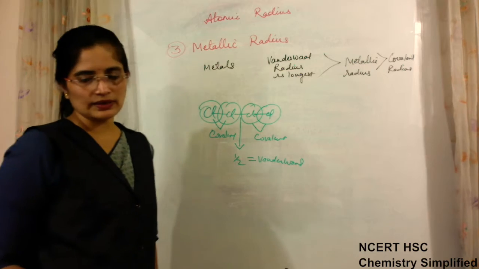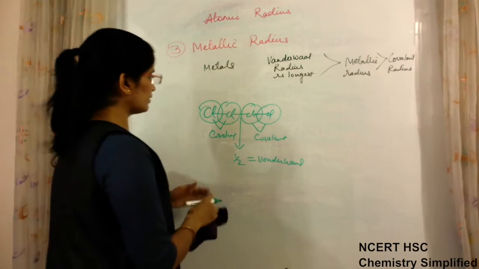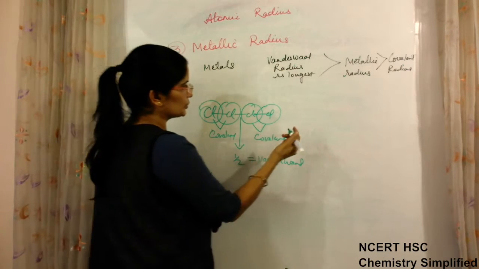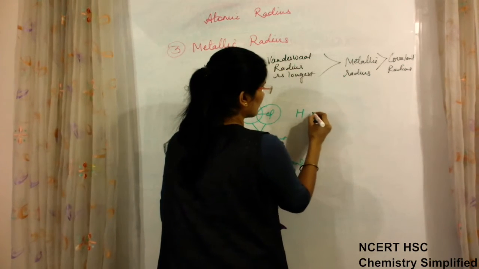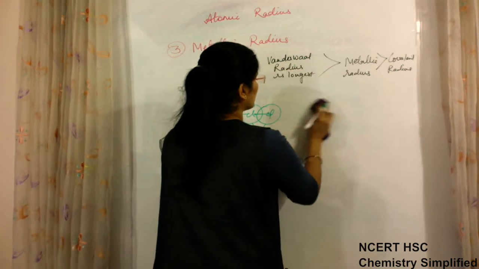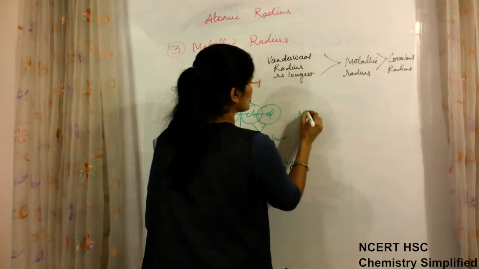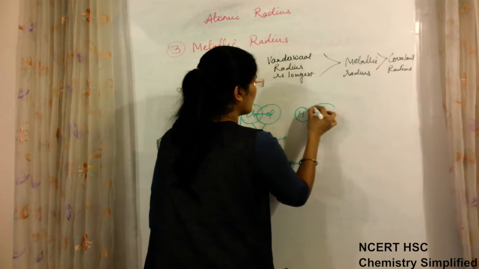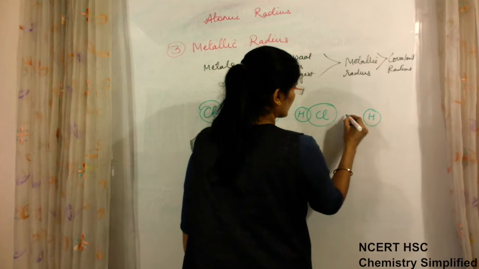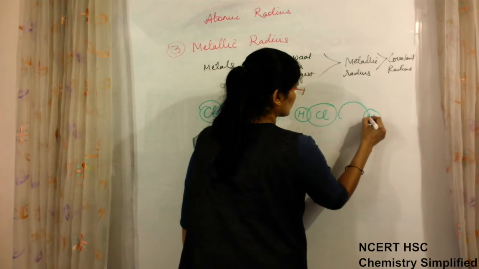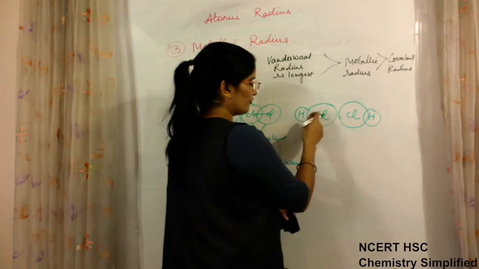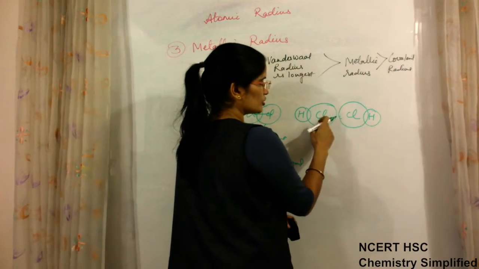Okay, this is one way. Also, I can find out the van der Waals radius even if I don't have Cl2. How? If I have an HCl molecule, H small, Cl big. Now I have to measure the van der Waals radius of the chlorine atom.